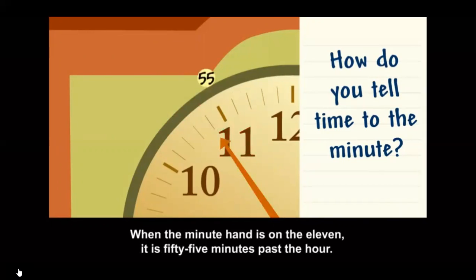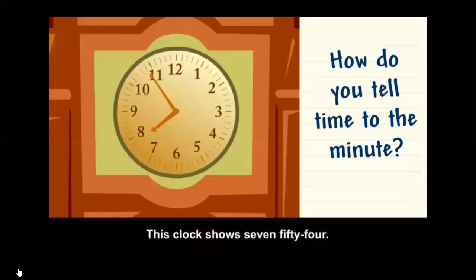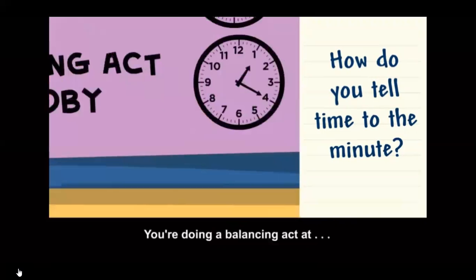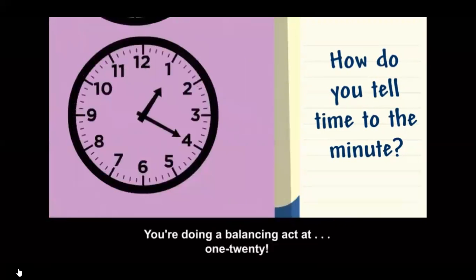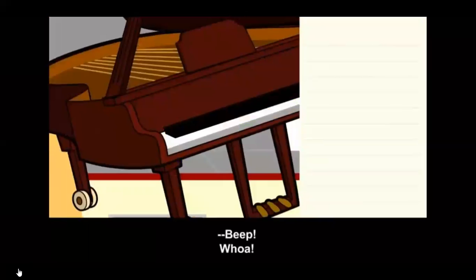So you can start at 55 and count back 1 minute, 54. This clock shows 7:54. Let's see, you're doing a balancing act at 1:20. What are you going to balance, Moby? Whoa!